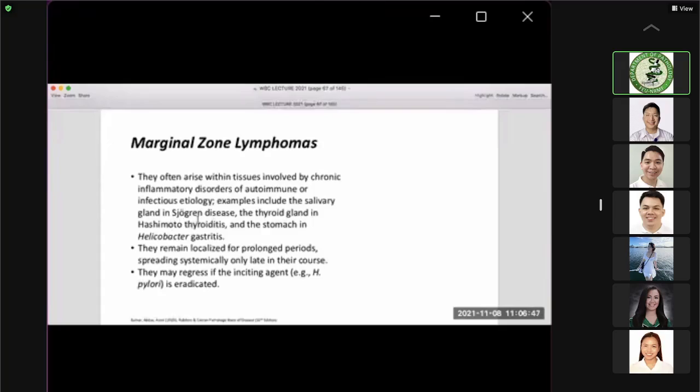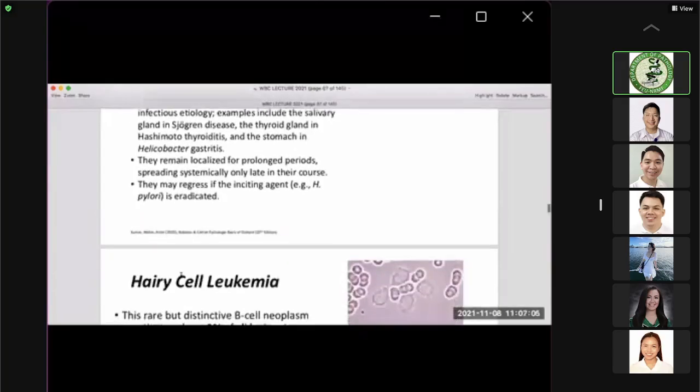An example is Helicobacter and Hashimoto's. They remain localized for prolonged periods, systemically spreading only in the late course. They can regress when the agent associated with them is removed.